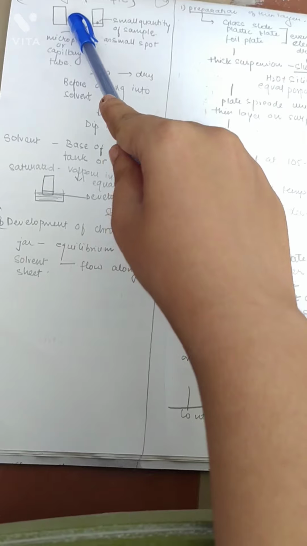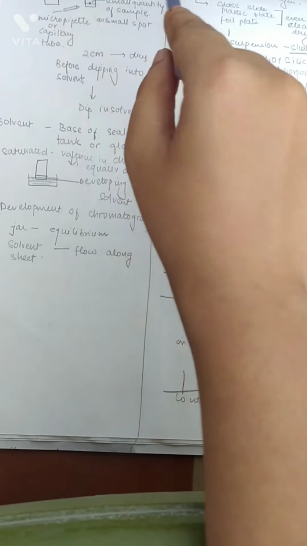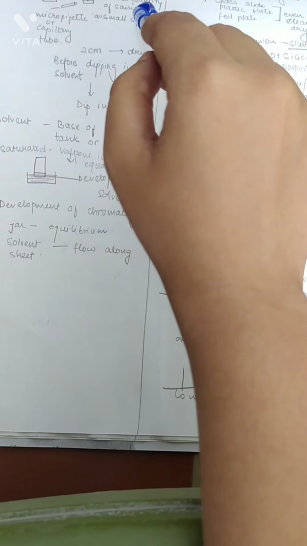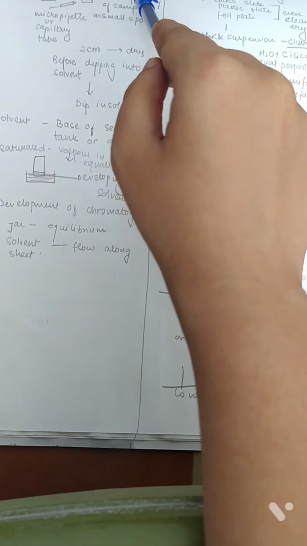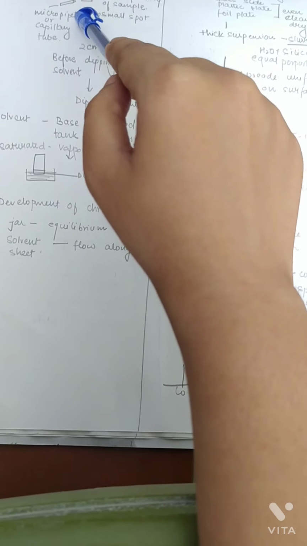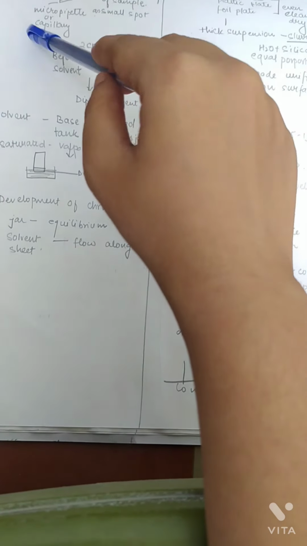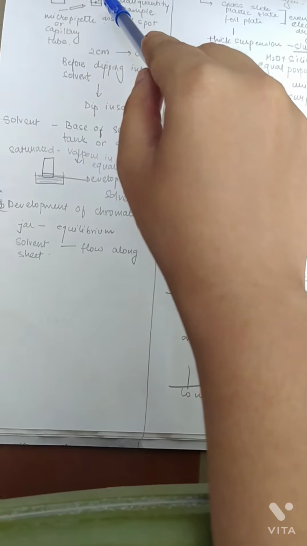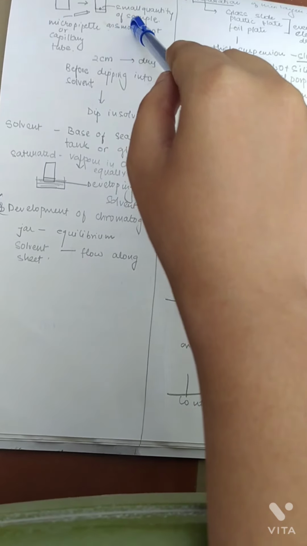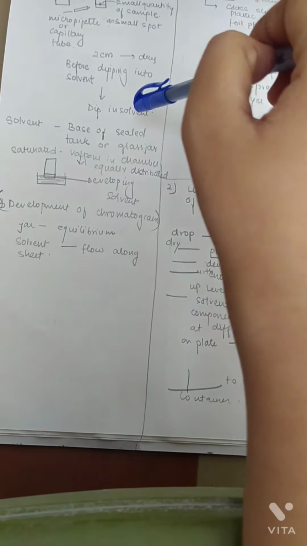As I've told, for paper chromatography, paper is used. A small quantity of sample is applied almost 2 centimeters or you can say 1 centimeter away from the bottom surface of the paper with the help of a micro pipette or capillary tube. This procedure is known as loading of sample, and it is done before we dip the paper in the solvent.